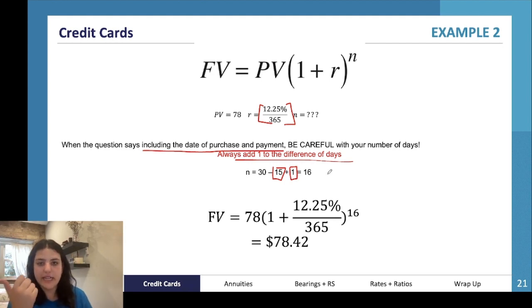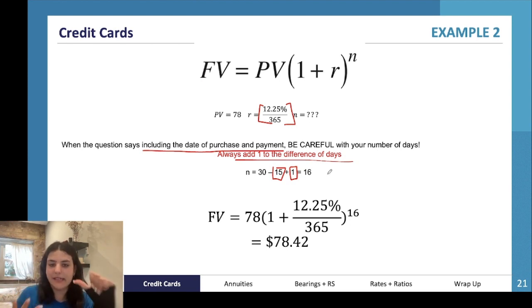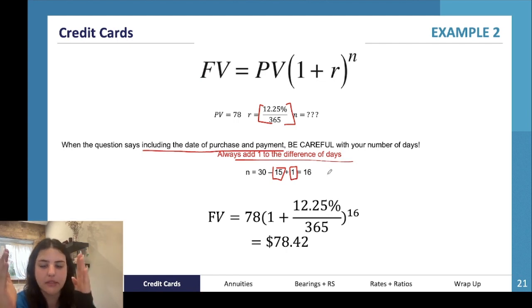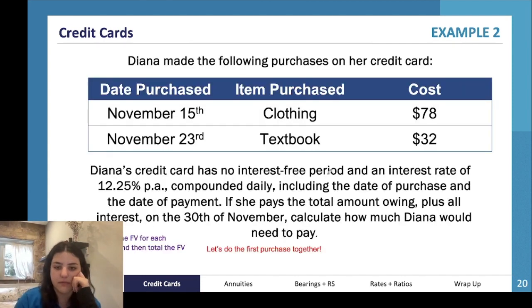Because it's 15th, 16, 17, 18, 19, 20, 21, 22, 23, 24, 25, 26, 27, 28, 29, 30. That's 16 because you're including. If you include 20 to 25, that's 6 numbers, not 5. 20, 21, 22, 23, 24, 25. Not the difference, but the number of numbers.